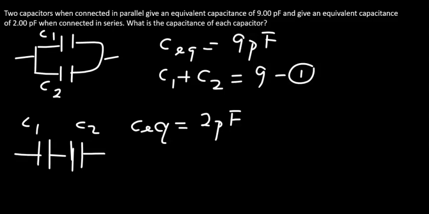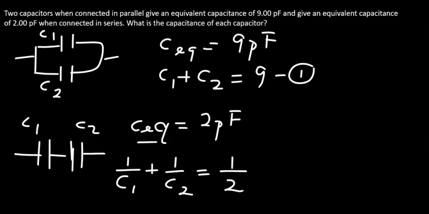And the way to combine two capacitors in series is 1 over C1 plus 1 over C2. Their inverses would add up to the inverse of the equivalent capacitance, in this case 2 picofarad. So there we have it, a second equation.